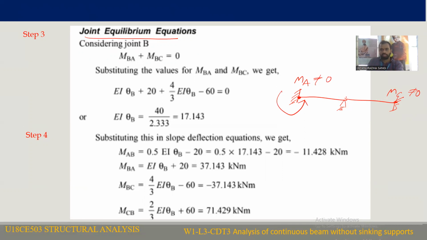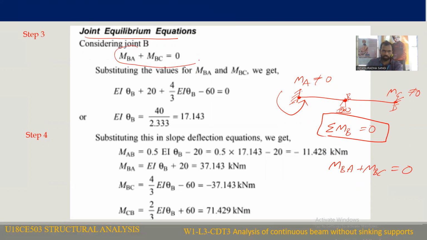At B there is also some negative moment, but the summation of moments at B will be equal to 0, because this is an intermediate support and it is a roller. So from the joint equilibrium equation, summation of moments at B equals 0. That means at B we have two moments, MBA and MBC. So we can write MBA plus MBC equal to 0. This is the joint equilibrium equation.